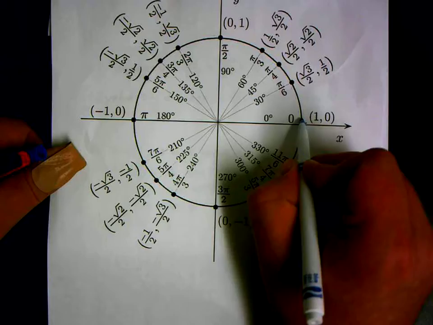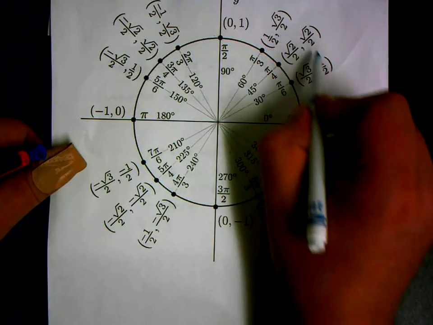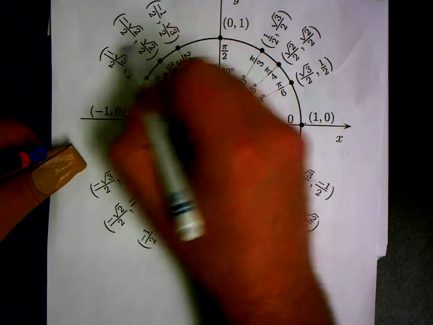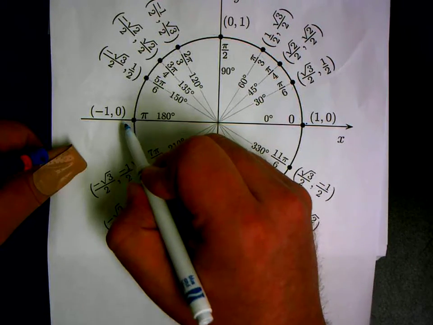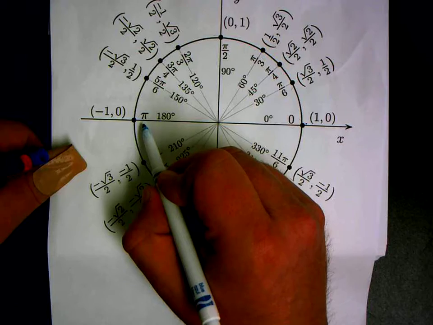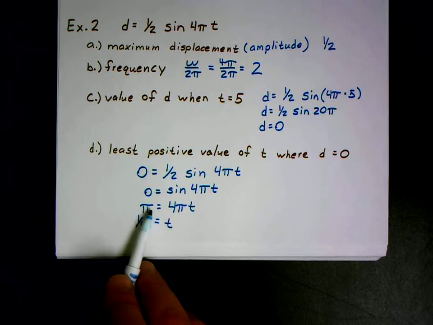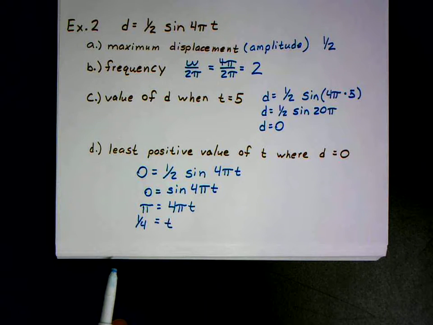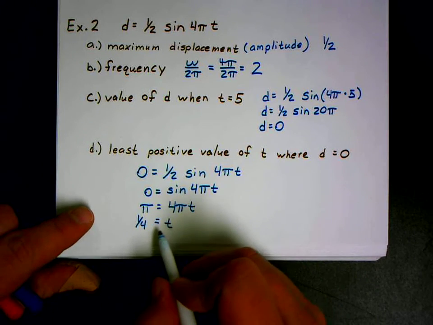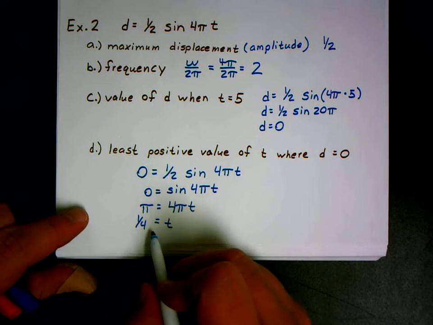So, as I go, sine is the y value. So where's the first place where the y value equals 0? It'd be right here. So that's at pi. So that's how I got rid of the sine. So the first positive value would be 1/4 of a second.